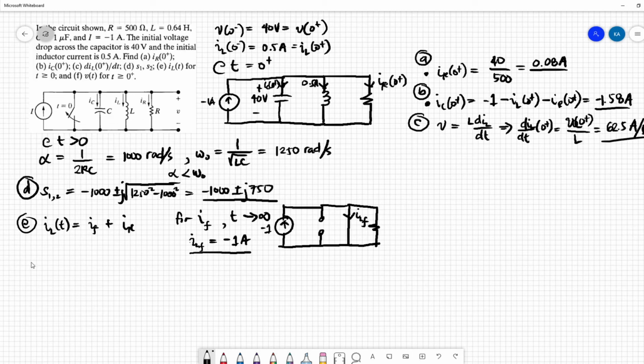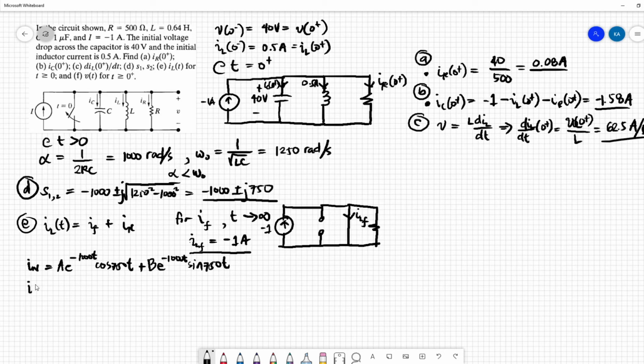For the natural response, since alpha is less than omega naught, our circuit is underdamped. So the natural response is equal to A e to the negative 1000t cosine of 750t plus B e to the negative 1000t sine of 750t.